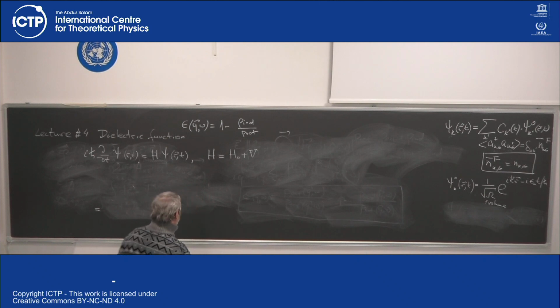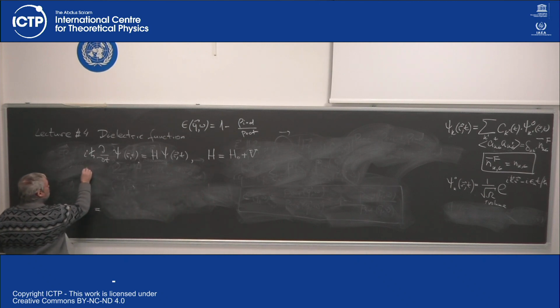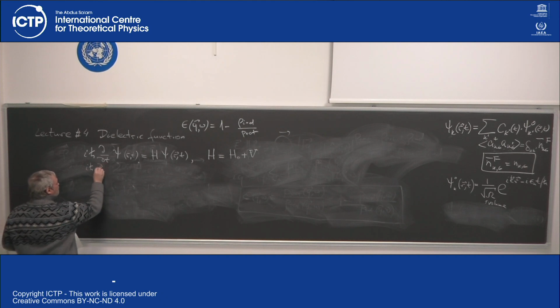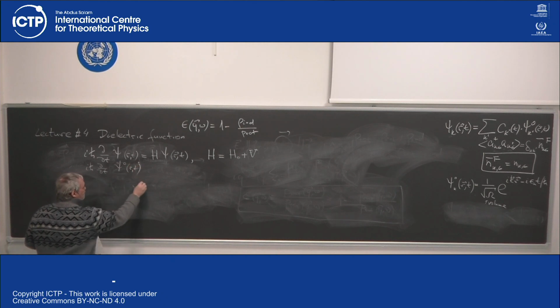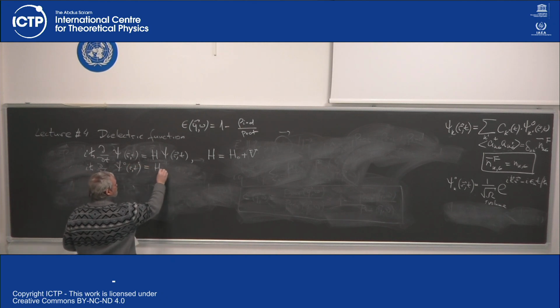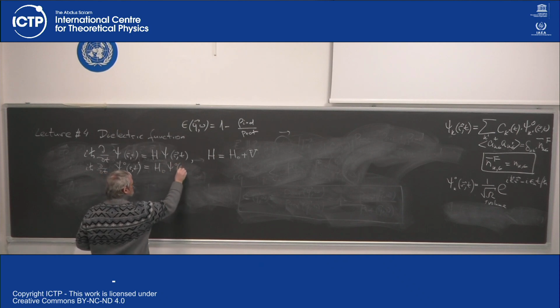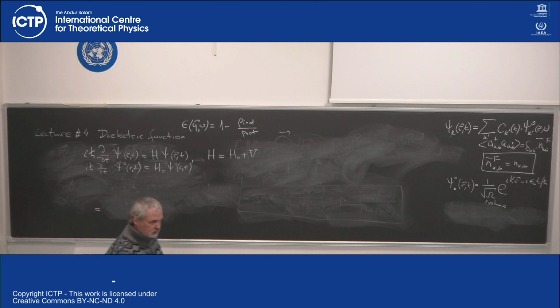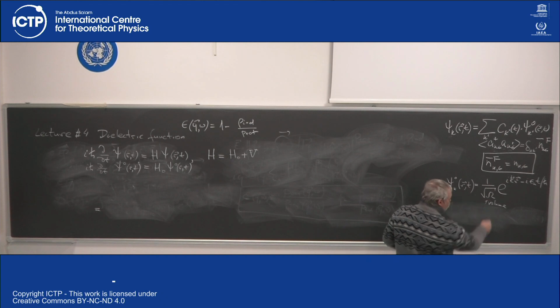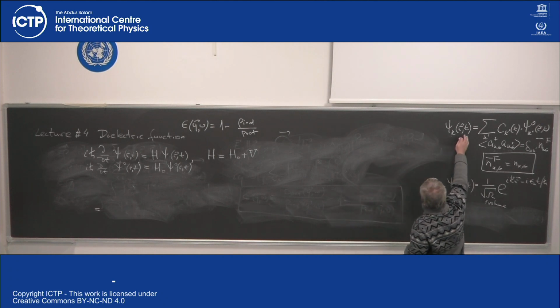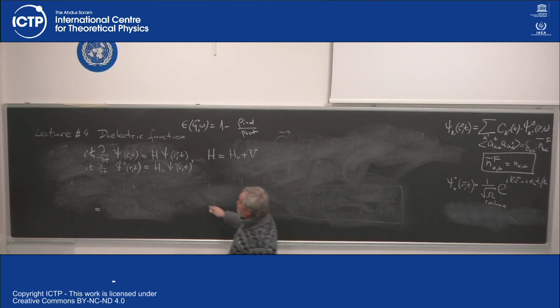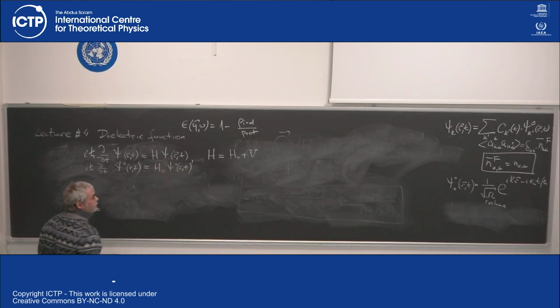So this is Coulomb interaction. My function psi_0 satisfies the Schrödinger equation with H_0: i h bar d psi_0(r,t)/dt. By definition, as I said, I defined my wave function as a plane wave, just free motion of the electron, kinetic energy only. So now I'm going to plug this wave function into the full many-body Schrödinger equation and see what kind of simplification appears.